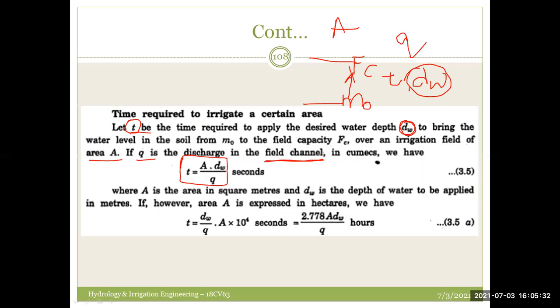So T is equal to A into dW divided by Q, where time you'll get in terms of seconds.